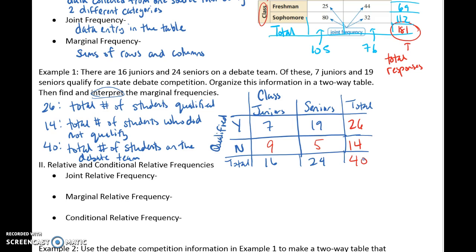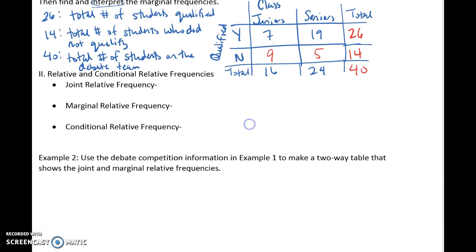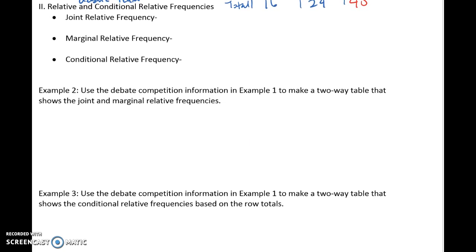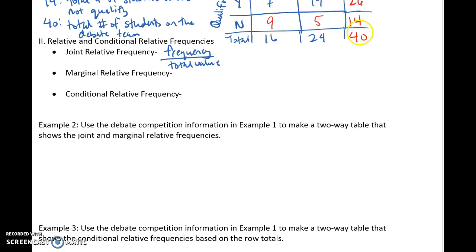Last thing we're going to do in the video today, talk about relative and conditional relative frequencies. And these are basically where probability comes in. So joint relative frequency is basically the probability of an event happening in the two-way table. So it's the frequency, right, the number in your two-way table, over the total value, which is that number in that lower right-hand corner.